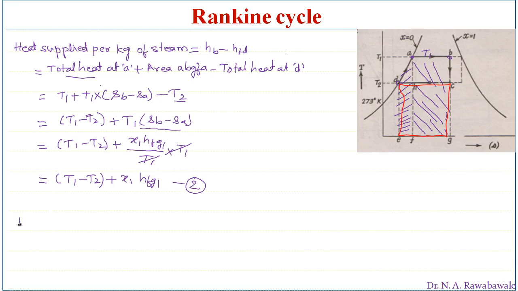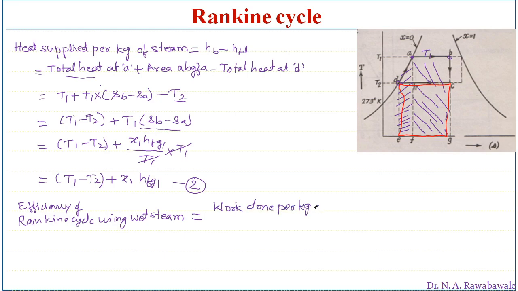So the Rankine efficiency, or efficiency of the Rankine cycle using wet steam, is equal to work done per kg of steam divided by heat supplied per kg of steam.